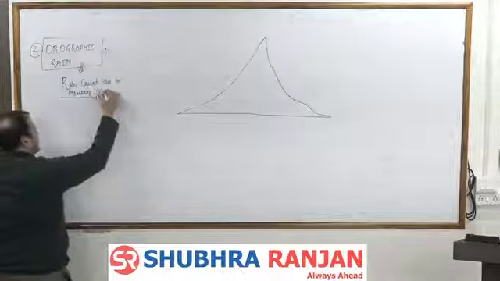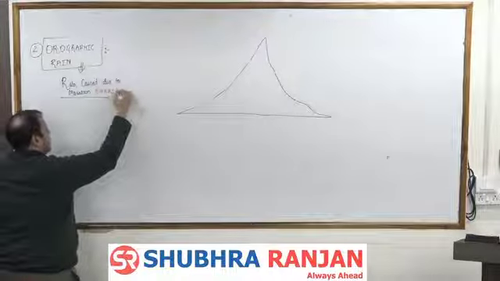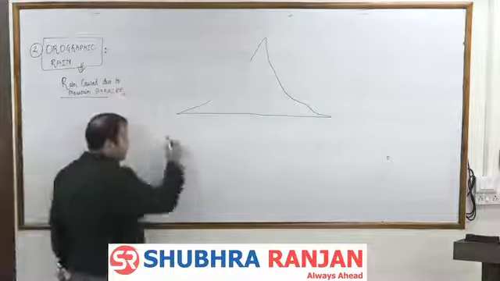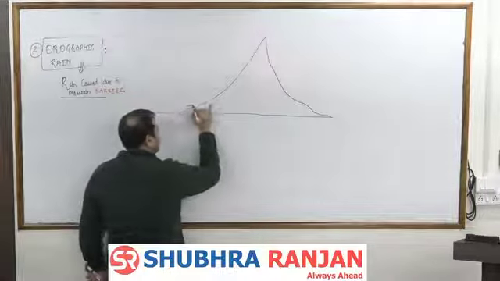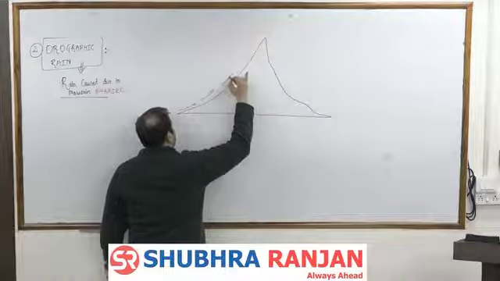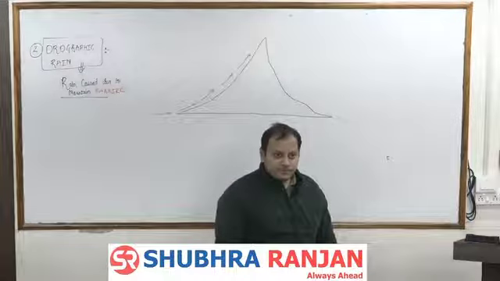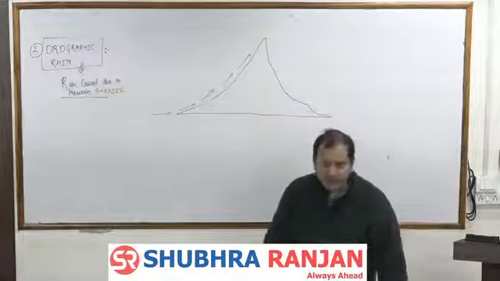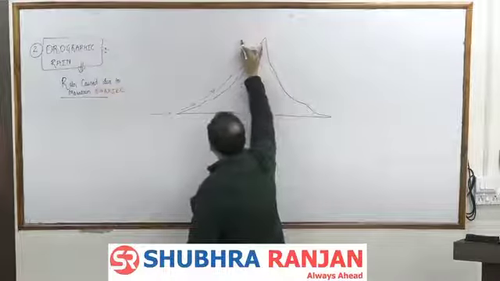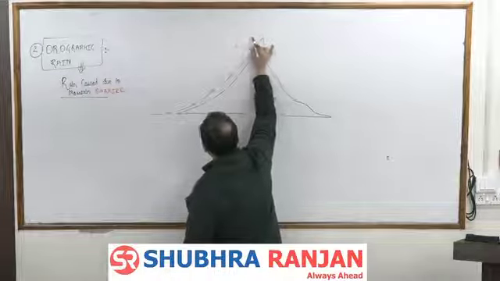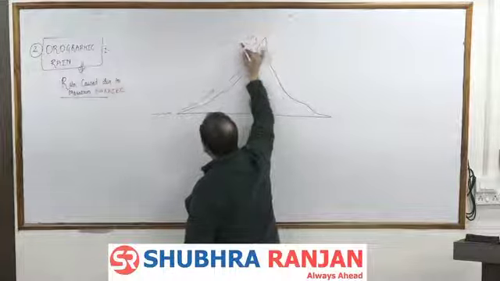Why? Because if the mountain lies perpendicular to the direction of the wind, the wind is forced to rise up. When it rises upwards, it cools adiabatically, condenses and gives heavy rainfall on the side which faces the wind.